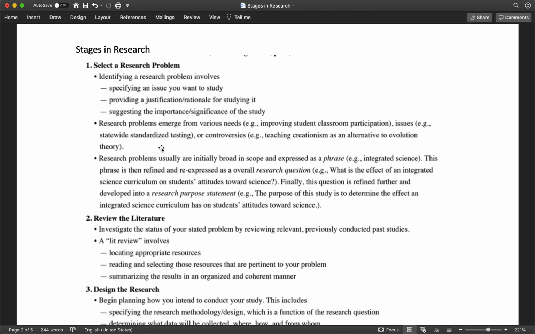Remember, selecting a research problem is specifying the issue. So the issue, in the example I just gave, is looking at traffic avoidance or traffic awareness. What's the rationale? Well, or justification, we want to see if this new tool will be good for pilots to use. And what's the importance or significance of the study?